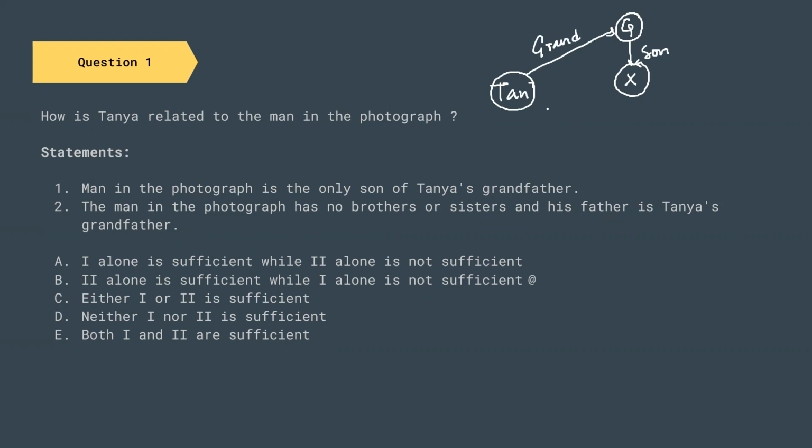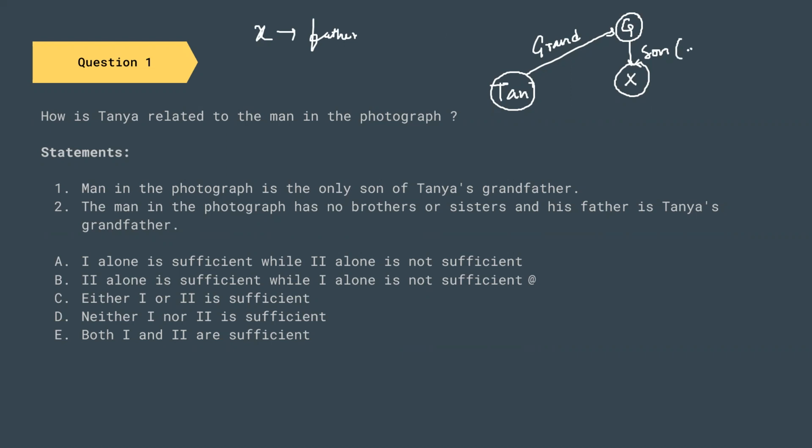Fine. So now there are a few questions. Can we say how X is related to Tanya? There are a few possibilities. If X does not have any brothers or sisters, then X will be the father of Tanya, if and only if G does not have any daughters.